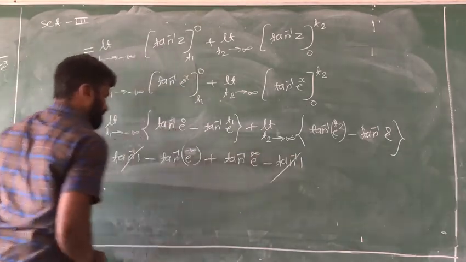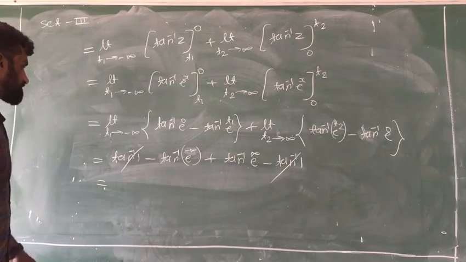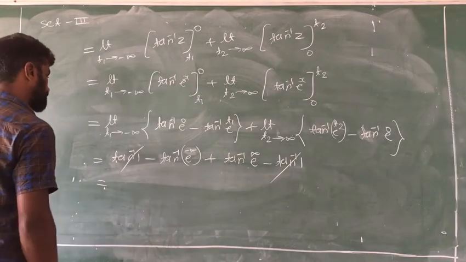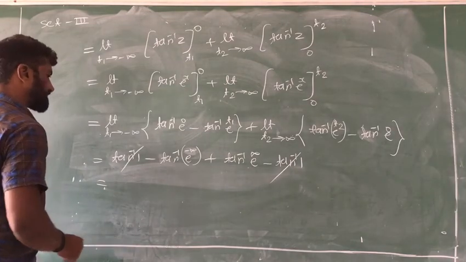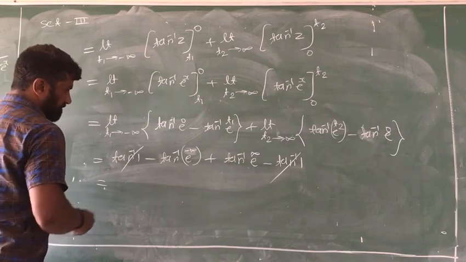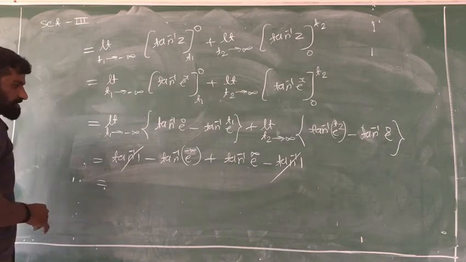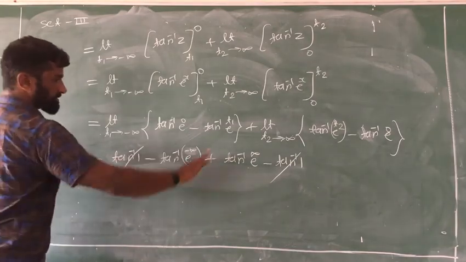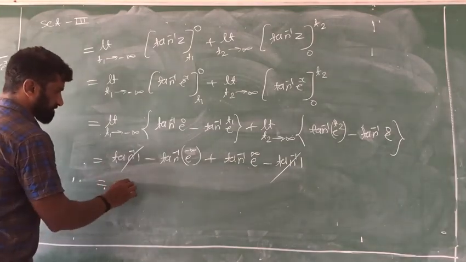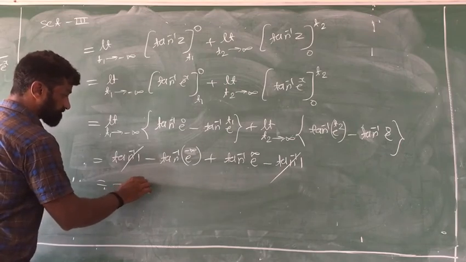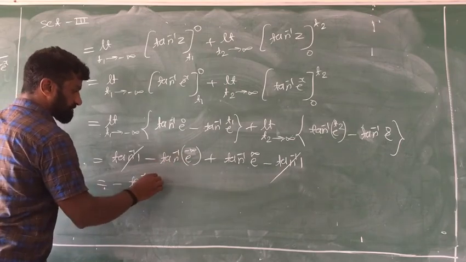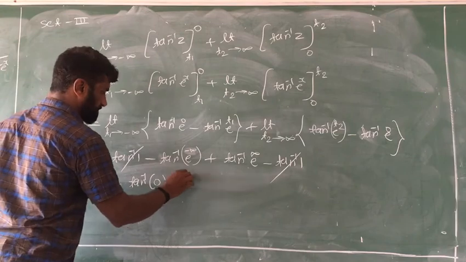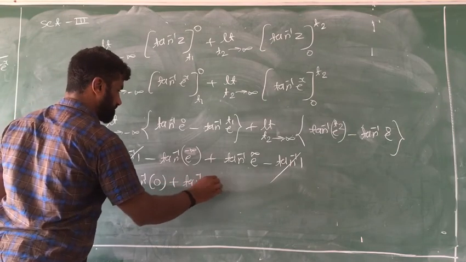This cancels. Tan inverse of 1 is 90 degrees. Tan inverse of infinity is pi by 2, and e raised to minus infinity is 0. So cancel: minus tan inverse of e raised to minus infinity is 0, plus tan inverse of infinity.